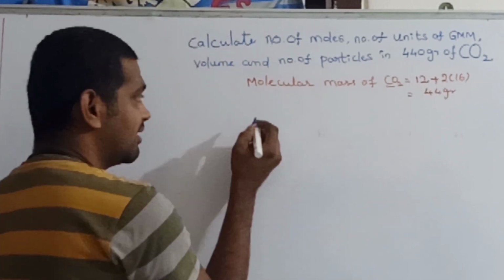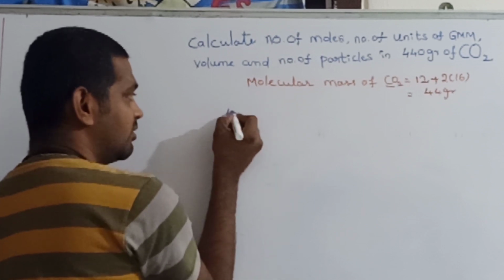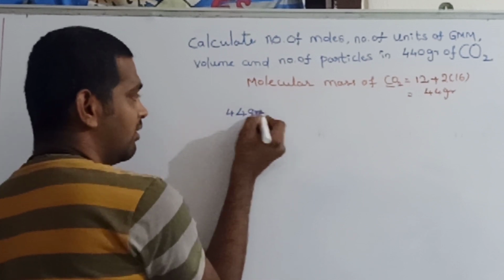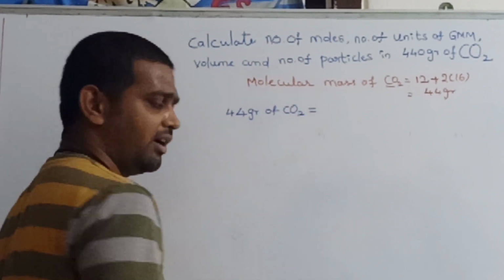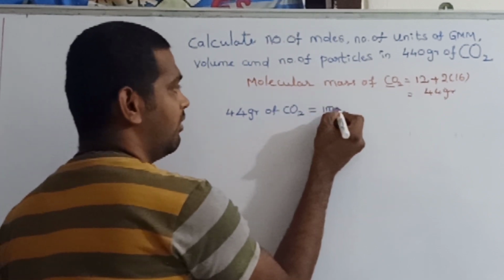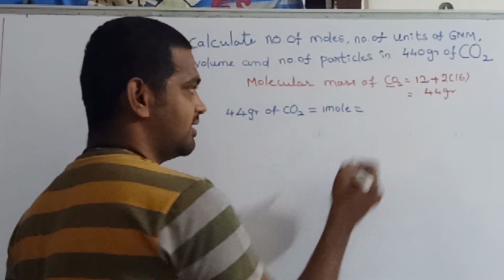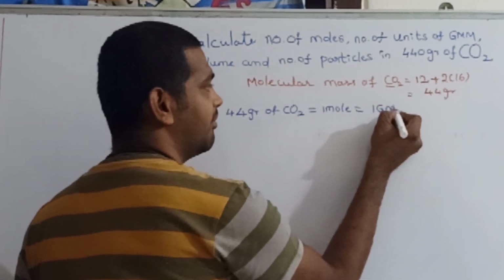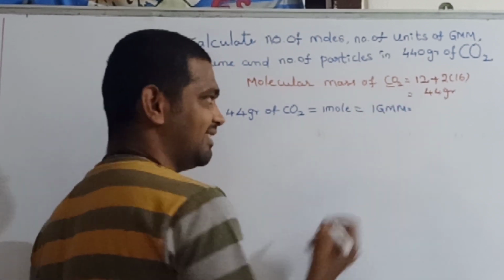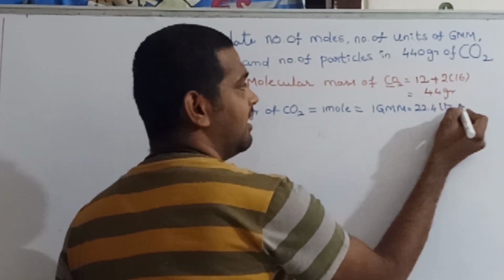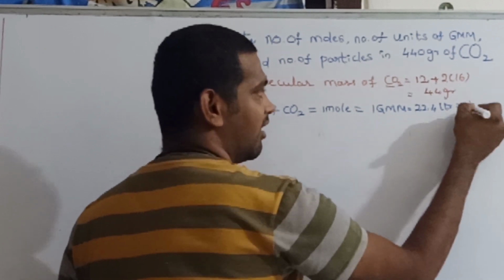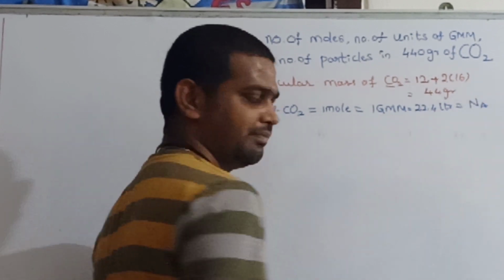As per our basic sample, 44 grams of CO2 is equivalent to 1 mole, which consists of 1 GMM, which is equal to 22.4 liters, which is equal to Avogadro number of particles.